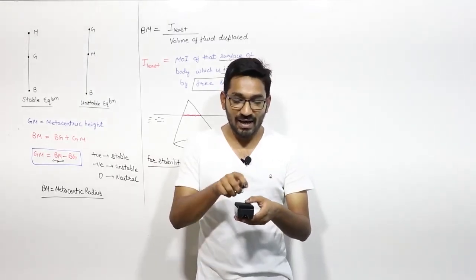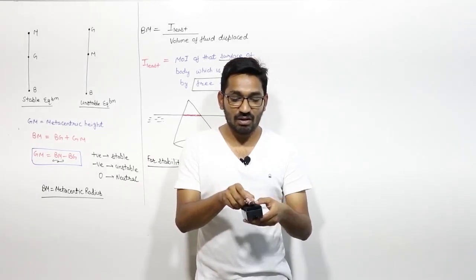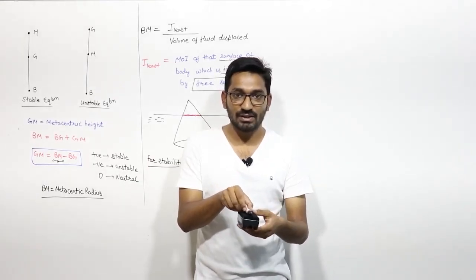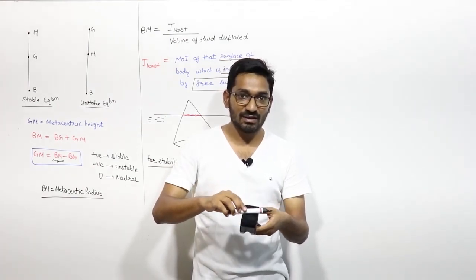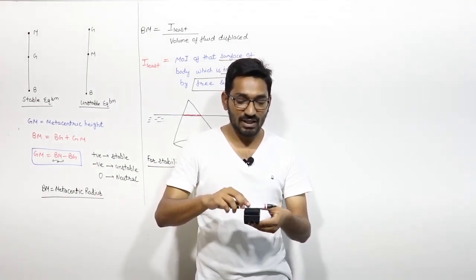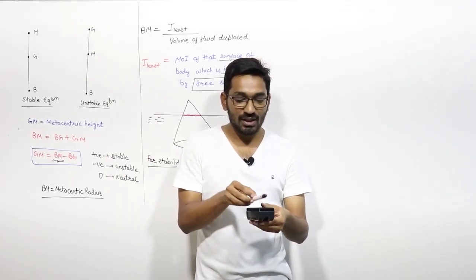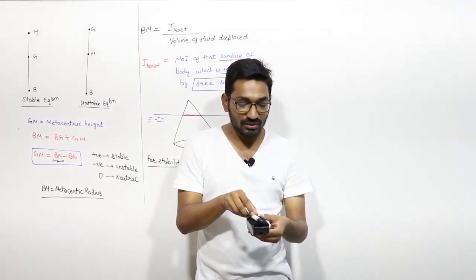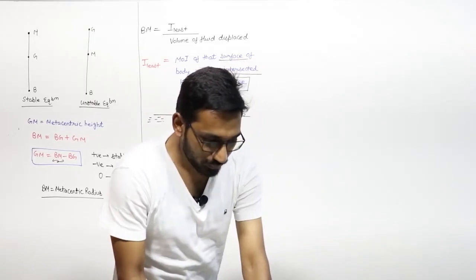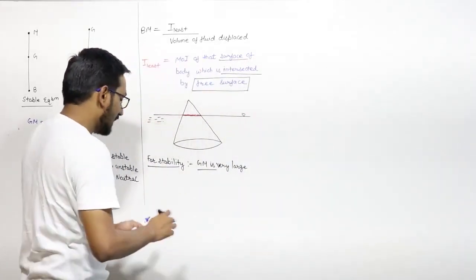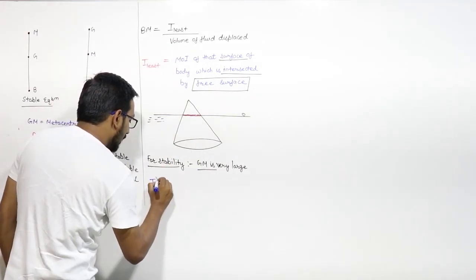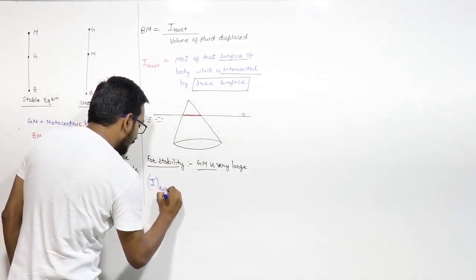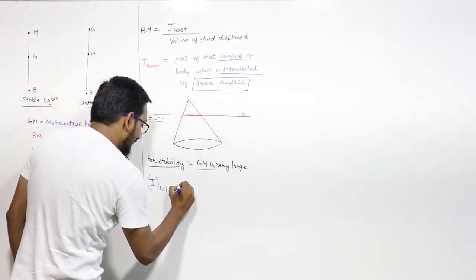And if you can see, the moment of inertia of this rolling is less than the moment of inertia of this pitching, right. The moment of inertia along this axis is more than the moment of inertia about this axis. So in the ship, the moment of inertia of rolling is least.